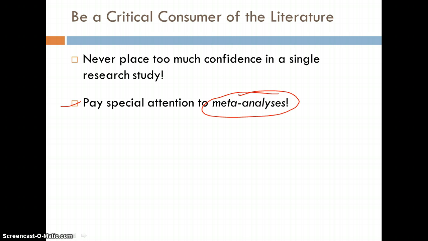It tells you if a certain amount of consistency has been shown in a particular variable's ability to predict something or to have an effect on a particular outcome.